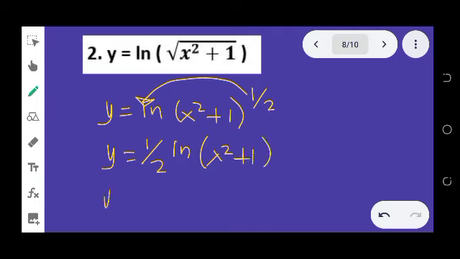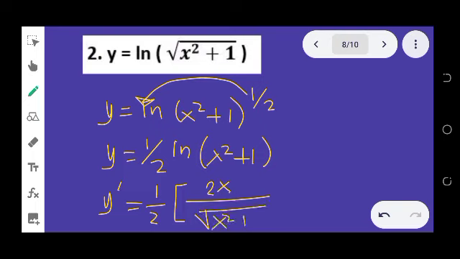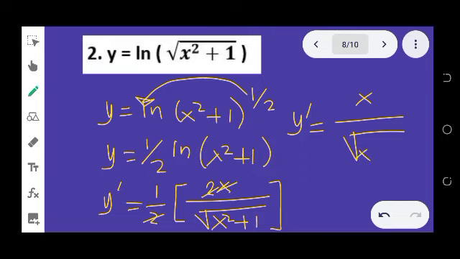And then you now have y prime, this is 1/2 times the derivative of the argument. The argument is x squared plus 1, the derivative is 2x, all over the argument of ln, which is x squared plus 1. So cancel this one out. You now have y prime equal to x all over the square root of x squared plus 1.